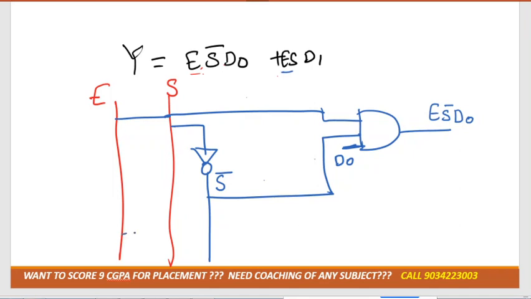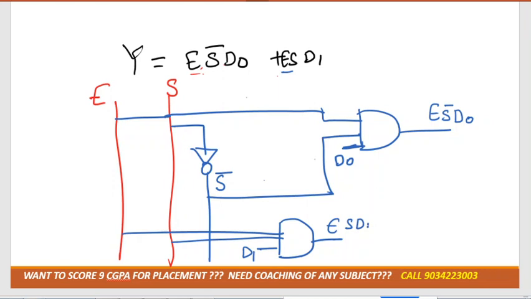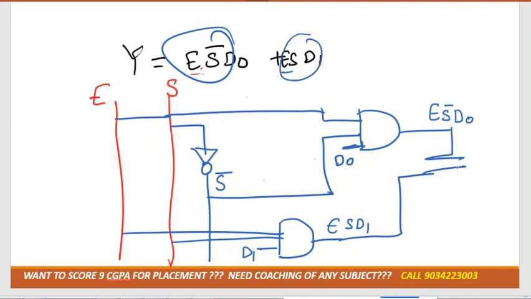Now the next term is E, then S, and then D1, which I can mark like this. That would be E S D1. Then we put these together with an OR gate, because these two expressions are combined with an OR. Now the OR gate is like this, and then we get the final output, right? Tell me if there is any doubt up to here.